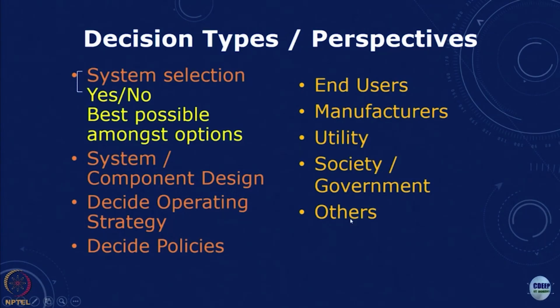When we are talking of primary energy analysis, we are looking at an option from the point of view of the entire chain, and that means we are looking at it from the societal point of view, the overall efficiency, the overall cost. We can also look at it from a subsection of it, that is from the point of view of the end user.